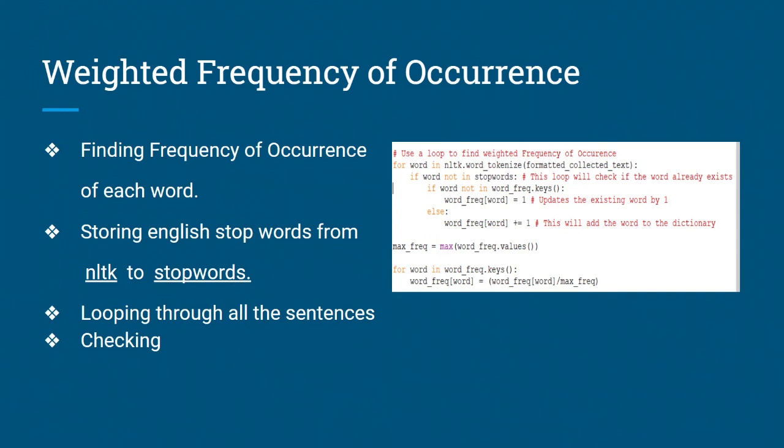If the word is encountered for the first time, it is added to the dictionary as a key and its value is set to 1. Otherwise, if the word previously exists in the dictionary, its value is simply updated by 1. To find the weighted frequency, we simply divide the number of occurrences of all the words by the frequency of the most occurring word.